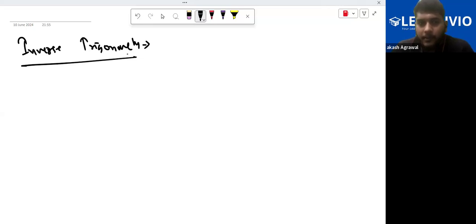So can we find cos inverse if this is not 1-1 and onto? No. But there is a chapter named inverse trigonometric functions. So what is happening? If cos x is not 1-1 and onto, then how can we find cos inverse x?